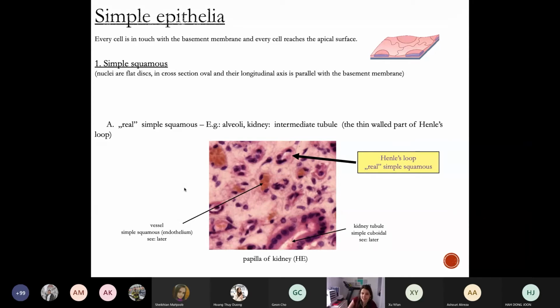Another type is called the endothelium. The endothelium is a special simple squamous epithelium which lines the inner surface of all of our vessels. They could be blood vessels or lymphatic vessels, it doesn't matter, and there are no exceptions. All of our vessels are lined with simple squamous epithelium called the endothelium.